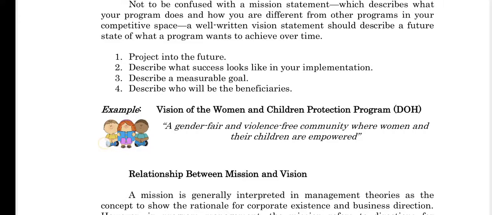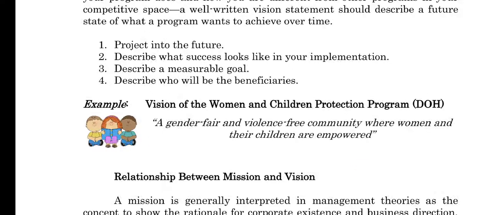Okay, here is an example. It is the vision of the Women and Children Protection Program of the Department of Health: a gender fair and violence-free community where women and their children are empowered. So let's go back to the characteristics of writing a vision statement. Project the future.